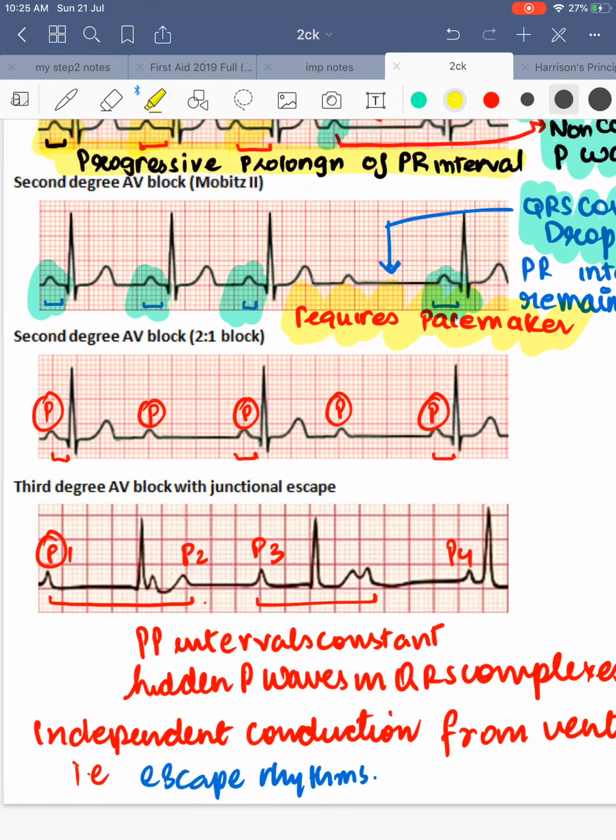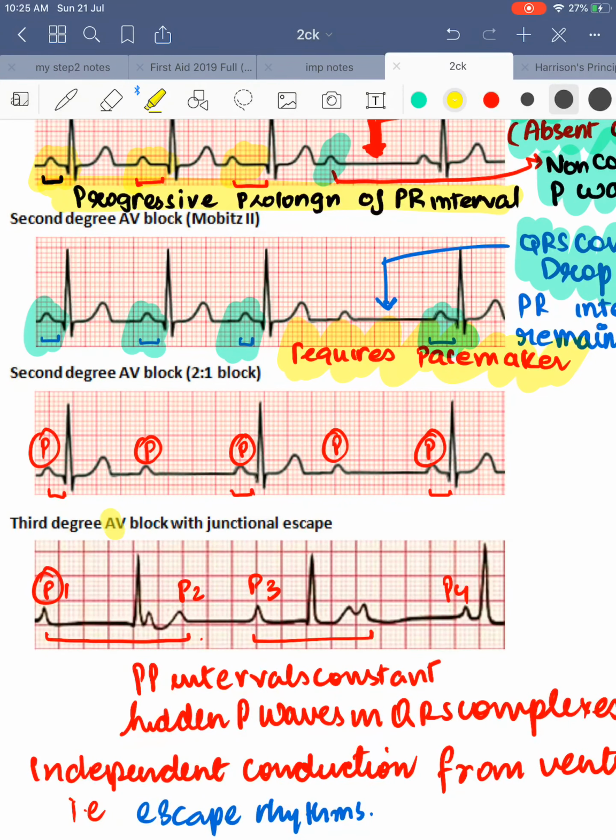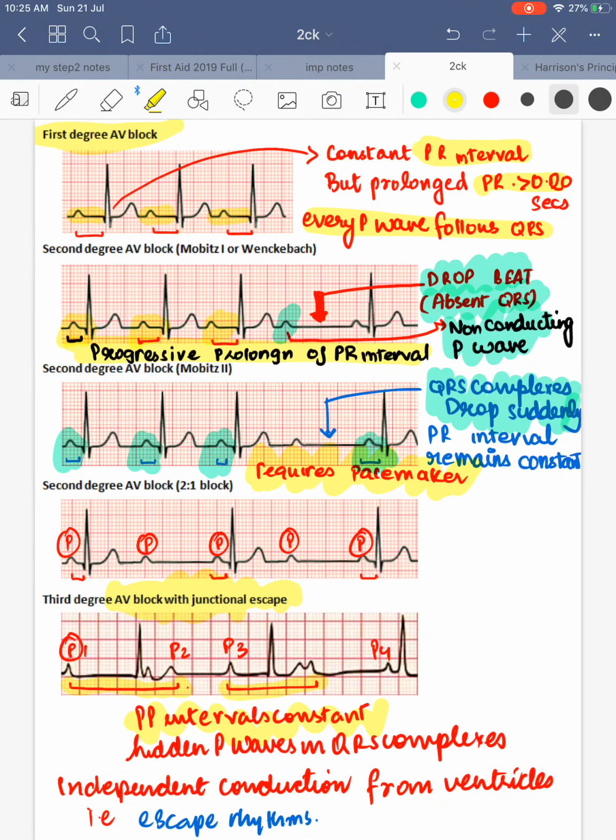Then we come on to the third degree AV block with junctional escape. I would like to explain this. As I have marked it, you can see the PP interval is quite constant, right? As you can see my markings, there would be P waves hidden in the QRS complexes as well.